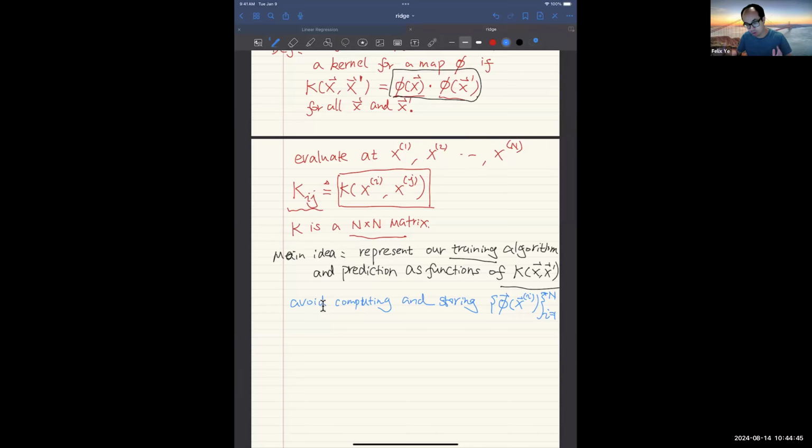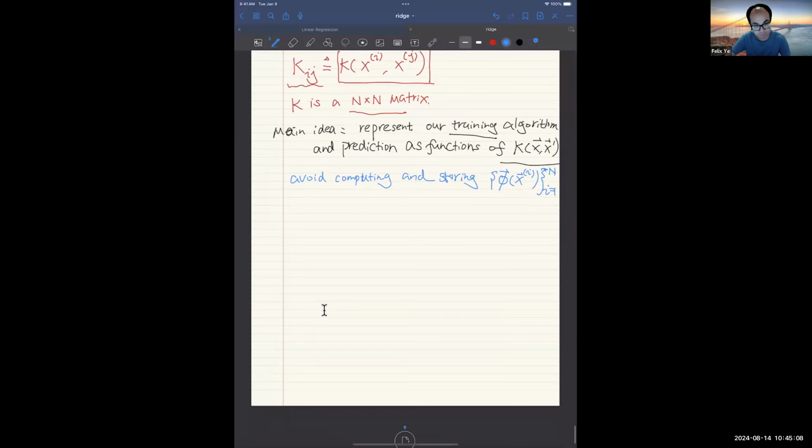With that being said, that's quite complicated, so let me just demonstrate one simple example of why we can avoid calculating this phi explicitly.